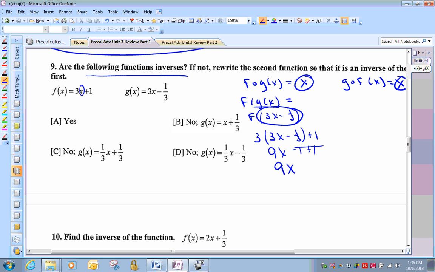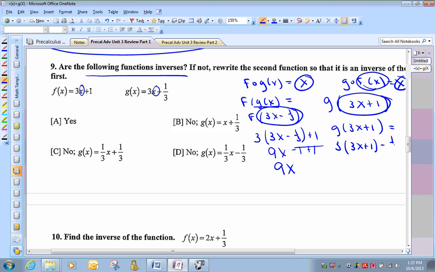All right, so let's try again. So let's try g of f just to prove that we're not wrong. So we have g of, and then f of x was 3x plus 1. So we just take 3x plus 1 and plug it in there. So g of 3x plus 1 looks like this. 3 times parentheses 3x plus 1 minus 1/3.